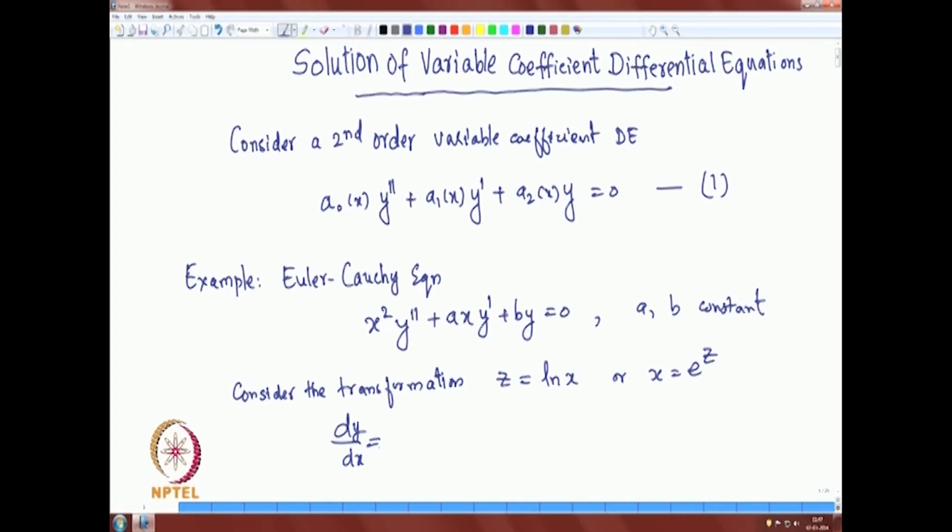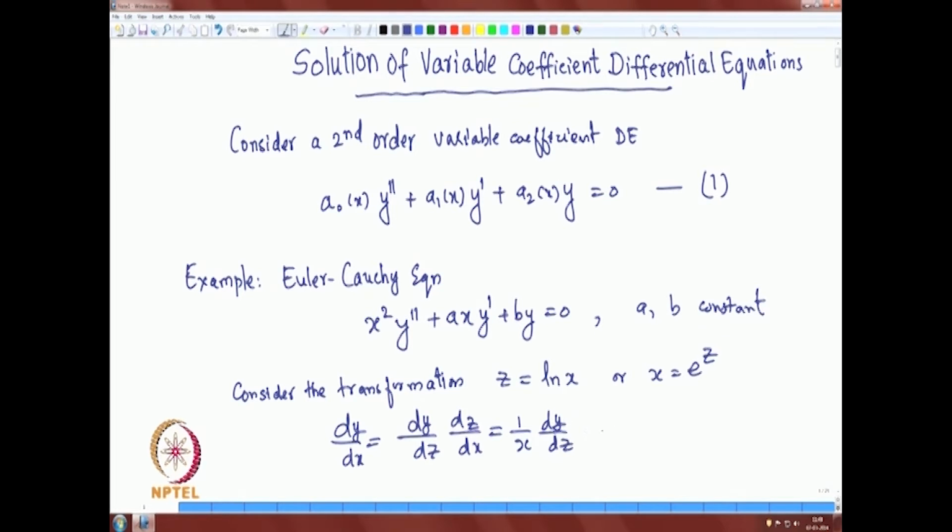By the chain rule, dy by dz into dz by dx. Since z is ln x, dz by dx is 1 by x, so dy by dx is 1 by x times dy by dz. Therefore, differentiating a function with respect to x is equivalent to multiplying by 1 by x and taking the derivative of the function with respect to z. That becomes the rule.